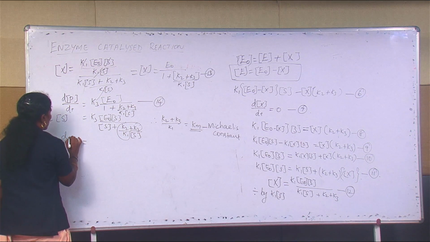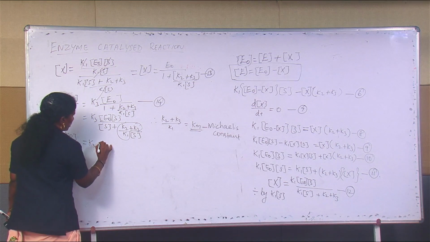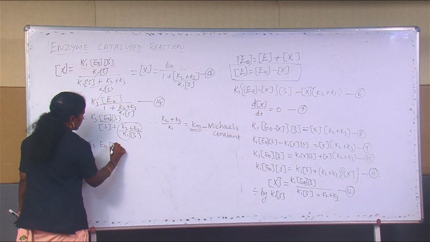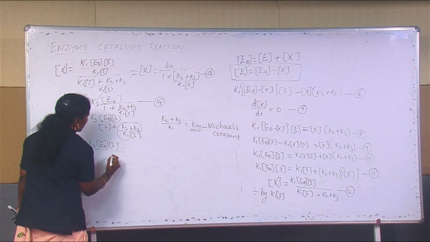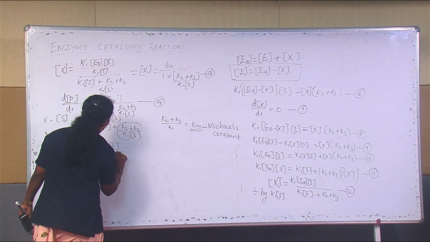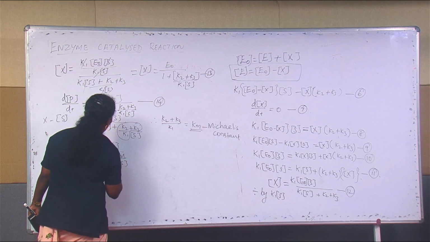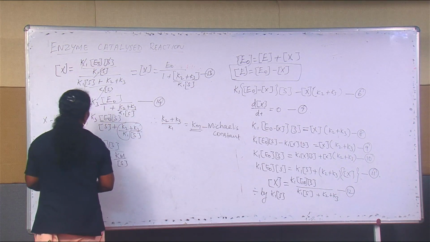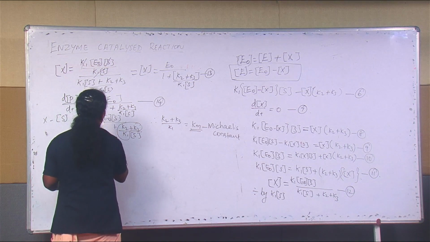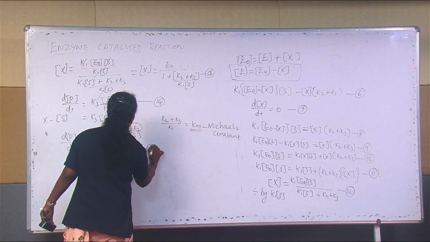So the rate dP by dt equal to K3 E0S divided by, 1 plus Km by S. So this is equation number 15.